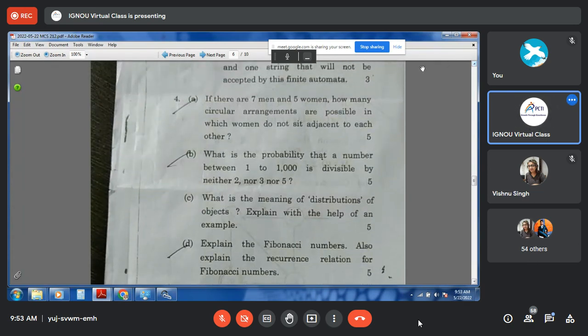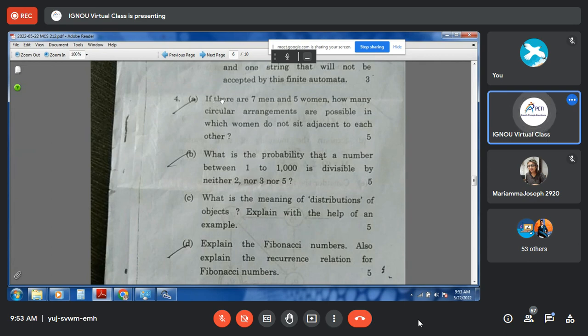Here is 4A. For 4B, I sent you the solution, but I think this topic we shall discuss in the next lecture. If it is not discussed today, then in the next, it is the principle of inclusion and exclusion.